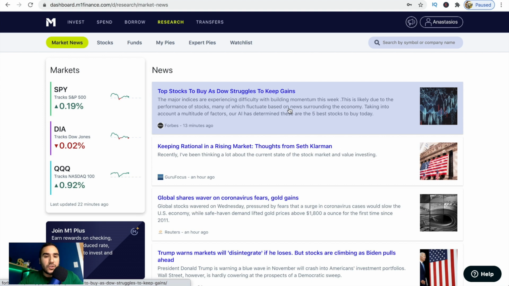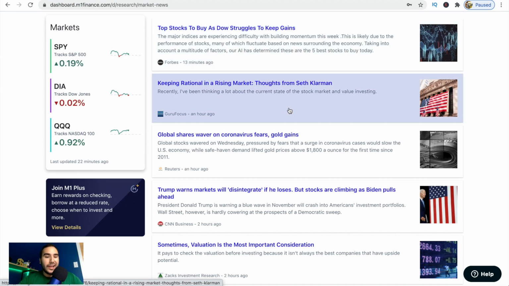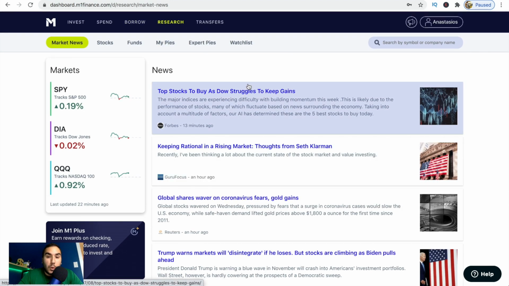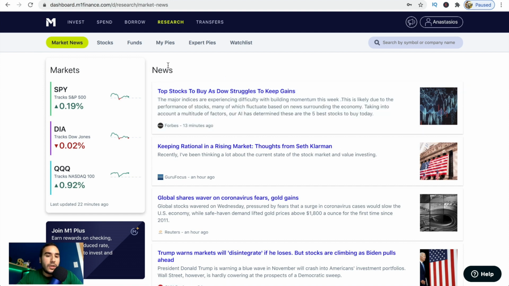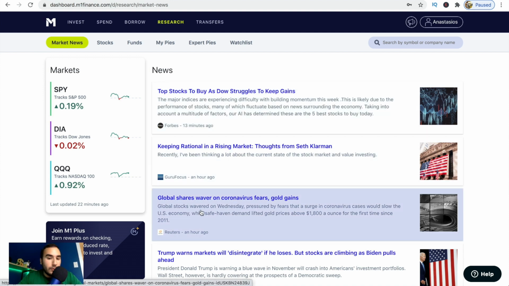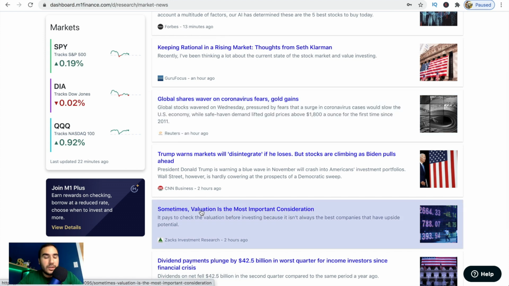Now, let's talk about some research tools that M1 has here. It's not too different from other brokerages. I mean, they're all similar when it comes down to research. It depends on what layout you like. Some are better than others. But here with M1 Finance, you have the market news. We have different outlets here like Reuters, Guru Focus, CNN Business, Forbes.